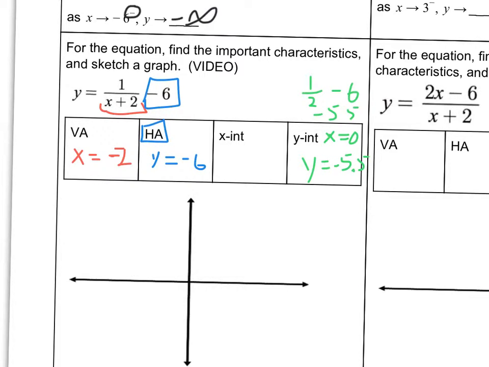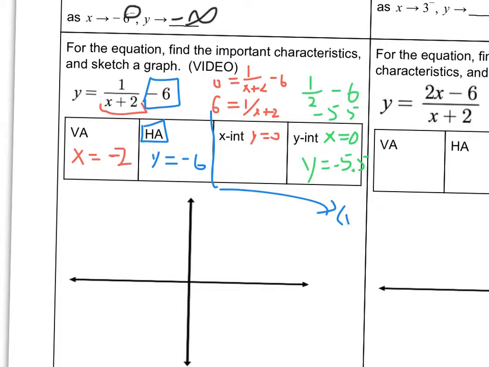And for the x-intercept, we're going to have to do some math, because that's where y is equal to 0. We get 0 is equal to 1 over x plus 2 minus 6. I'm going to add 6 to both sides. 6 is equal to 1 over x plus 2. And I've got to multiply both sides by x plus 2. I'm going to bring this work down here so it's out of the way.